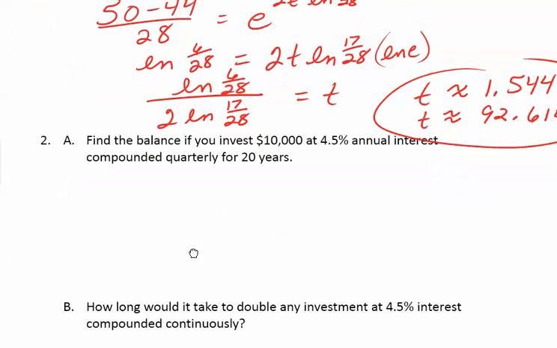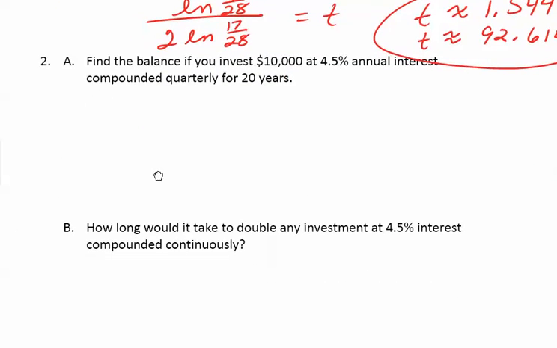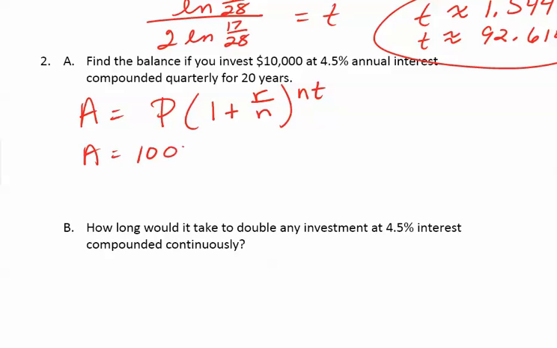All right, and now we're using our compound interest formula, and you should know these formulas for compounding a finite number of times. We have this formula, so we want to know the amount if we invest $10,000 at a rate of 4.5%, so remember to change that to a decimal, compounded quarterly for 20 years.